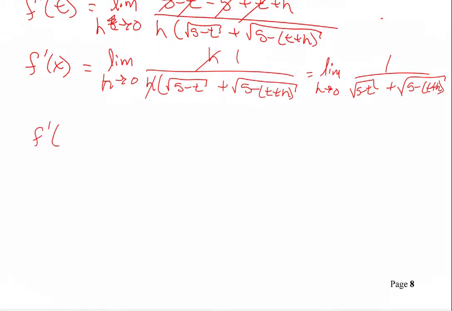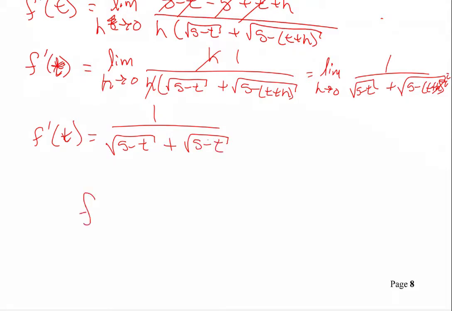So f prime of t equals the limit as h goes to 0, and I'm going to take this h to 0, so then I'm left with 1 over the square root of 5 minus t plus the square root of 5 minus t.